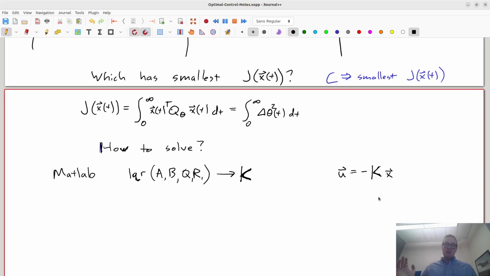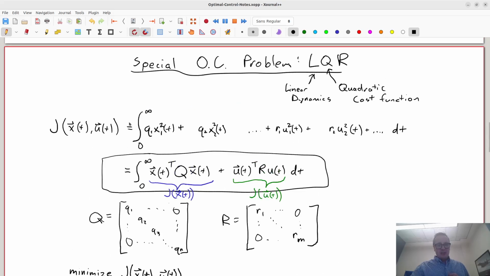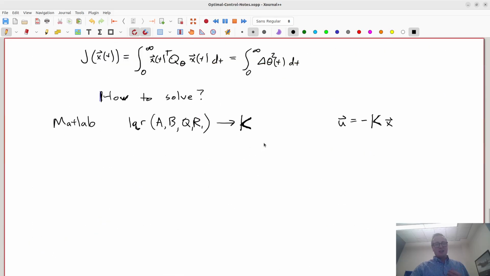And if you wanted to, you could stop there and use this tool. As long as you understand what the objective function means, you can use LQR to calculate a gain matrix, and that's great.